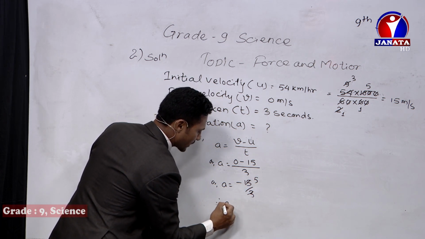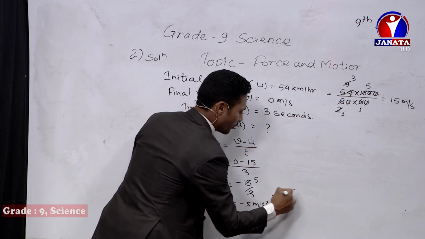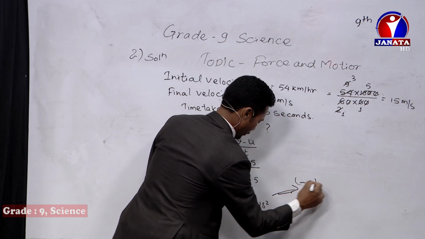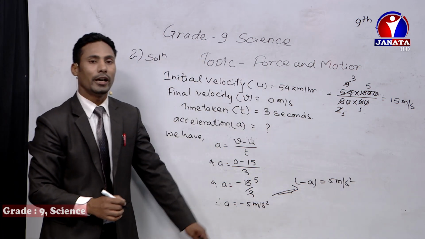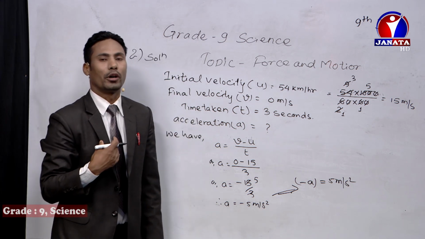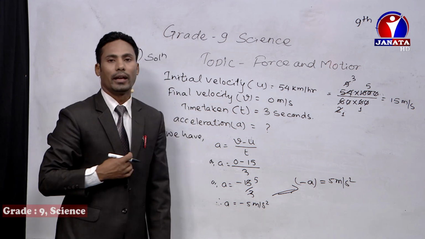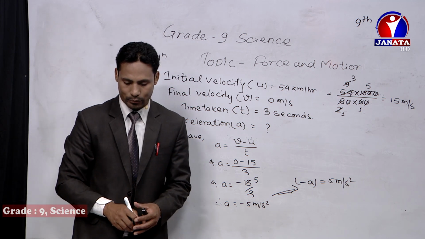Therefore acceleration equals minus 5 meter per second square, so it is a retardation. Retardation equals 5 meter per second square.